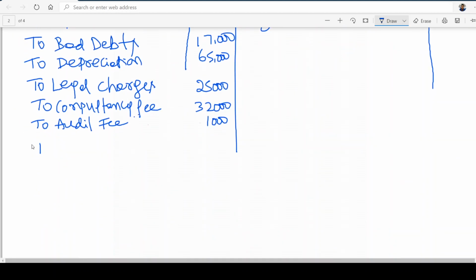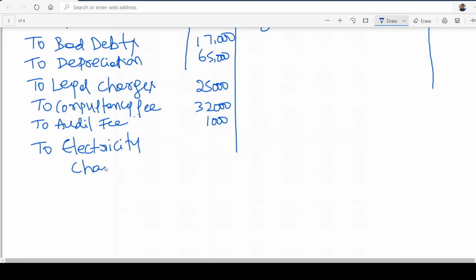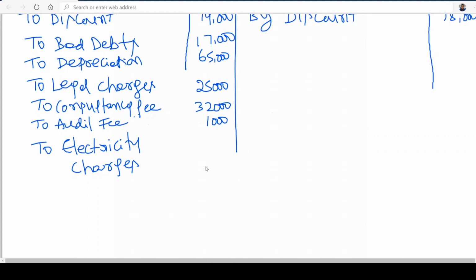Then to electricity charges. What is the amount of electricity charges? 17,000. To telephone and postage 12,000.